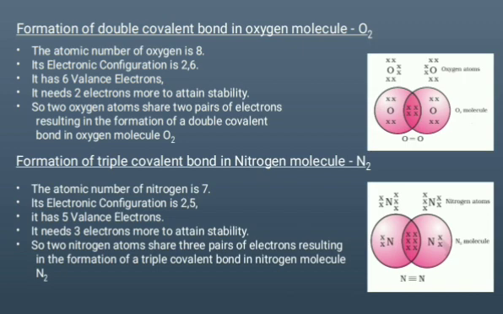It needs 3 more electrons to attain stability. Two nitrogen atoms with 5 electrons in their valence shell share 3 pairs of electrons, resulting in the formation of a triple covalent bond in the nitrogen molecule.